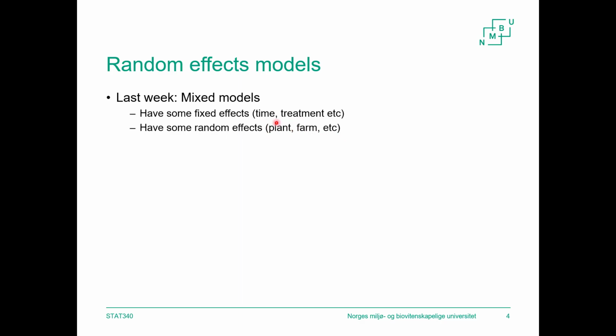And we are not particularly interested in the specific plants or the specific farms, so we describe them as just random samples out of a bigger population of many plants or farms or whatever, right? Individuals, you could say. So it's natural to describe them as random effects, random variables entering our models.